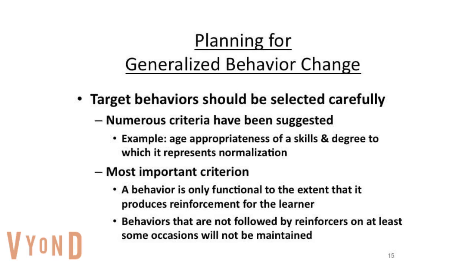The most important criterion is remembering that the behavior is functional to the learner. Sometimes there are skills that the teacher or the parent would like them to learn, and maybe that could be a preference, but again, the skill has to be functional for them. And they have to be reinforced in their setting and make contact with that reinforcement in order for that behavior to be maintained.